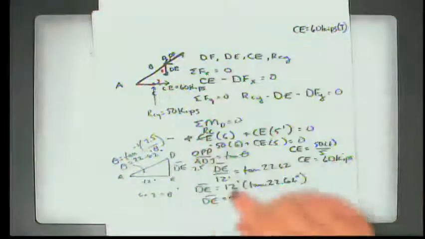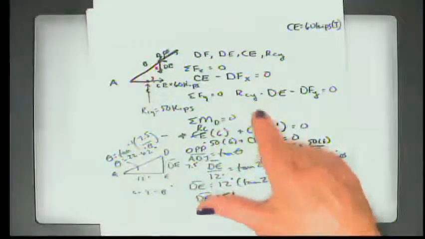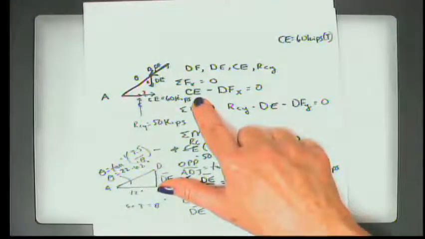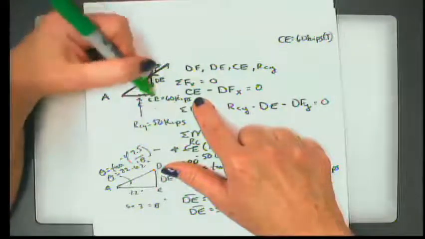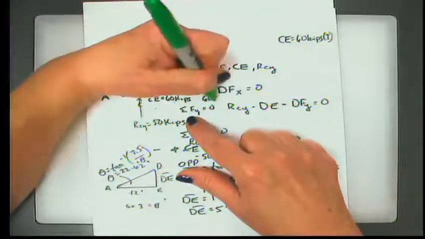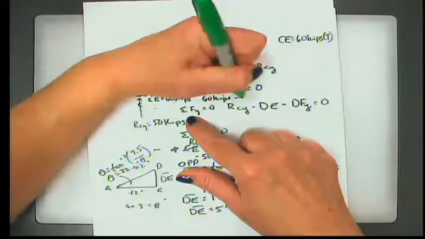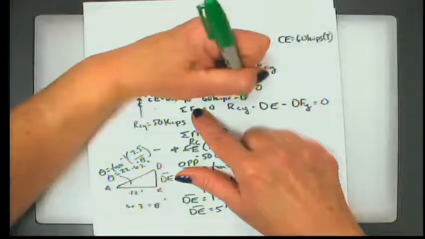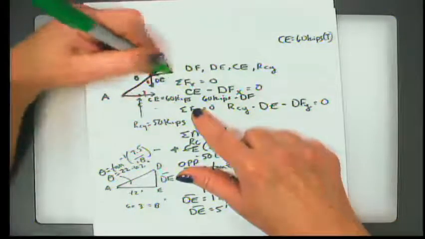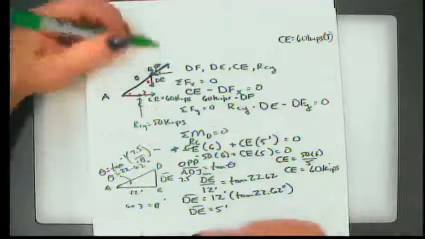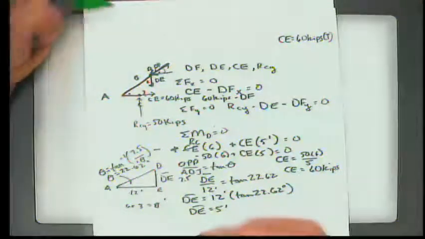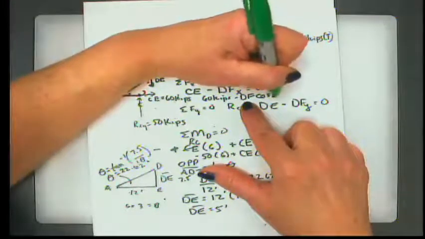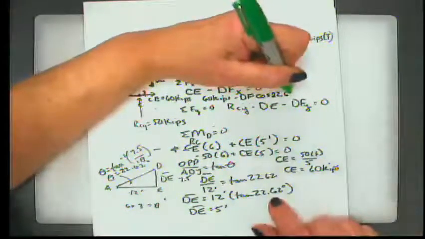All right, now that I know CE, I can go back to some of my other equations, like right here. Since I know that CE, and the way it's drawn is positive, 60 kips, minus the component of DF in the x direction. Well, once again, if this angle is 22 point whatever, this is 22 point whatever. So in trig talk, it's going to be DF times the cosine of 22.62 degrees.